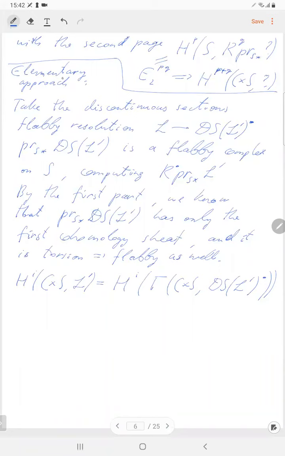Okay, but we can also say that this is the ith cohomology of global sections of S with coefficients in the direct image of this Flabby resolution.